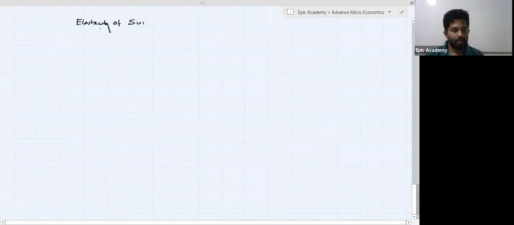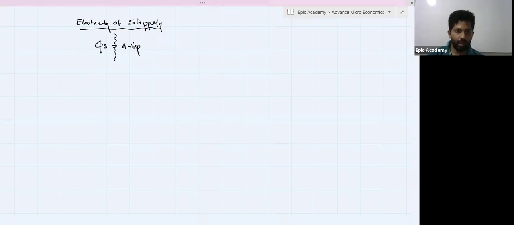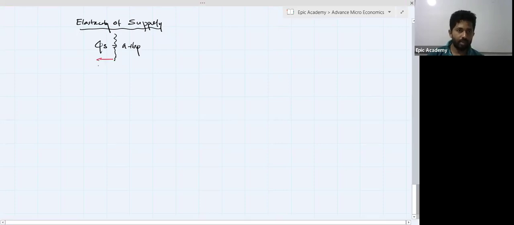Now we are going to discuss elasticity of supply. Here you identify the equation related to supply: QS equals A plus BP. Here also, I'm going to divide this equation into two categories. The left side is the dependent variable, the dependent factor.